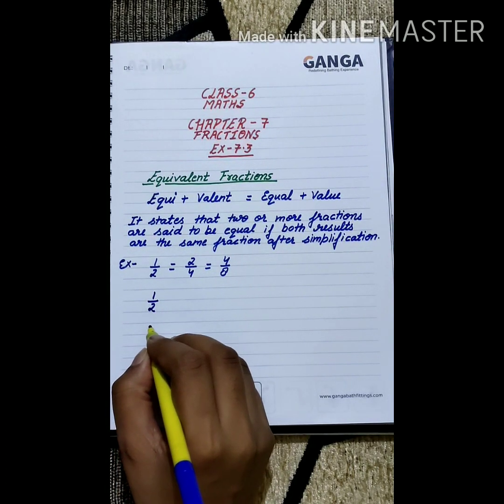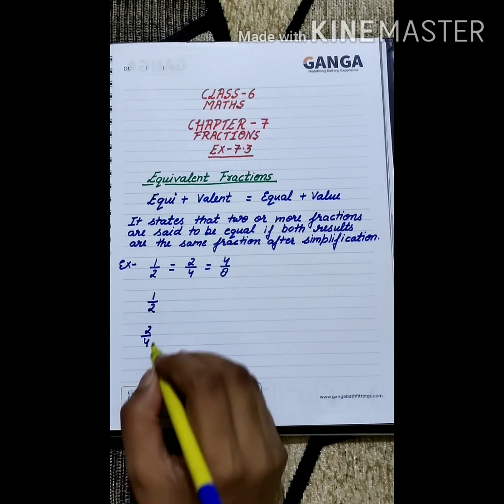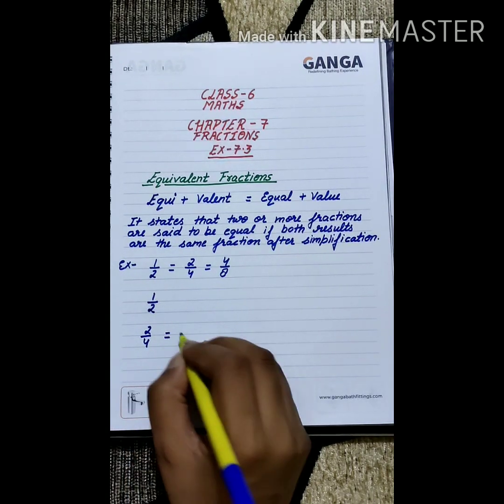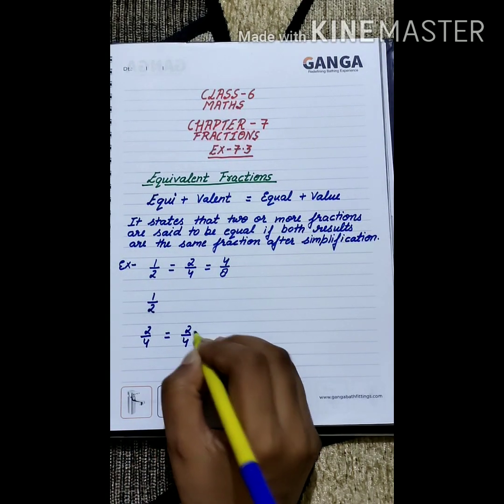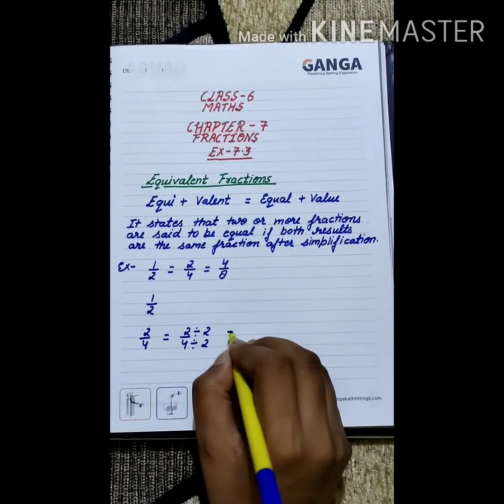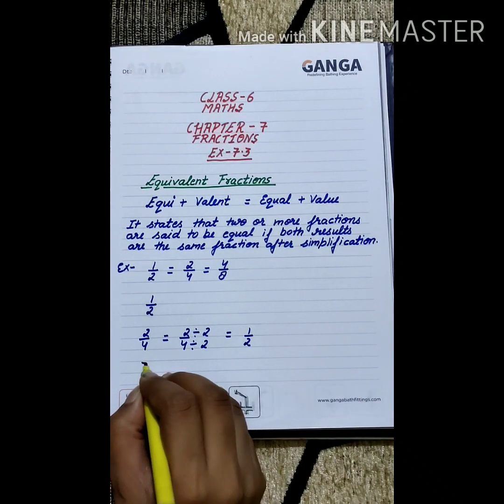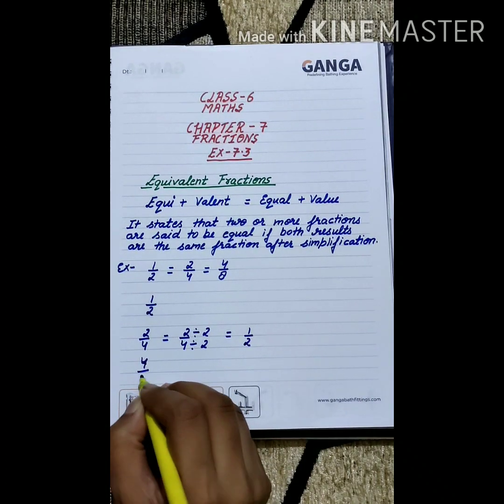Second fraction is 2 upon 4. It is not in simplest form, so we will convert it into simplest form by dividing it by 2. So we get 1 upon 2. Next fraction is 4 upon 8.